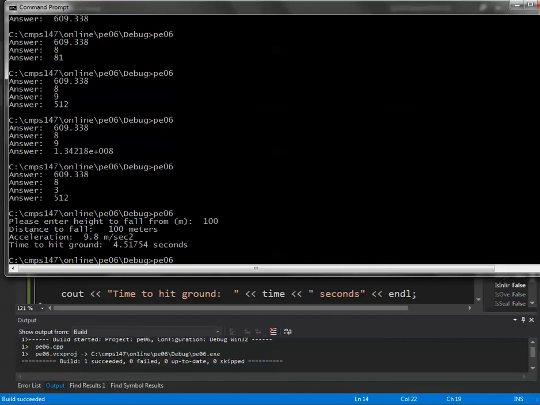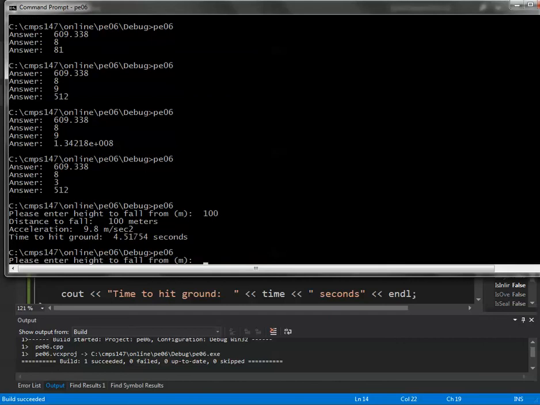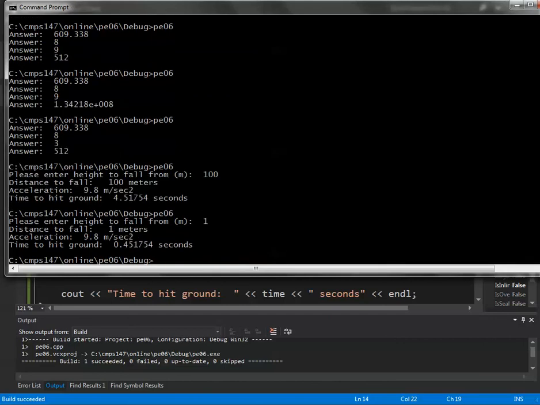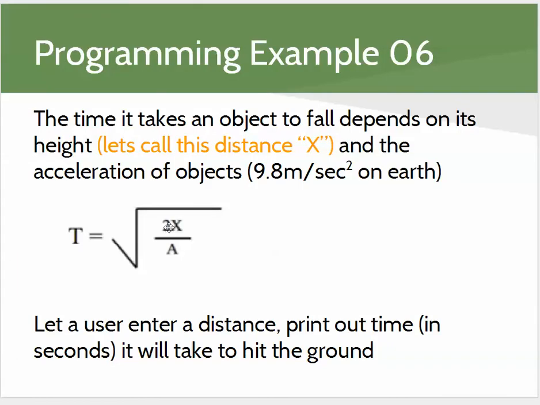An easy way to do it is to input some basic numbers, 1 for instance. If we think of 1 meter, we plug that in, 2 divided by 9.4, take the square root, and we can punch that into a calculator and check those numbers. Right? So I can't stress enough that, offline, outside of our recordings here, we would certainly want to go through and check all these numbers.